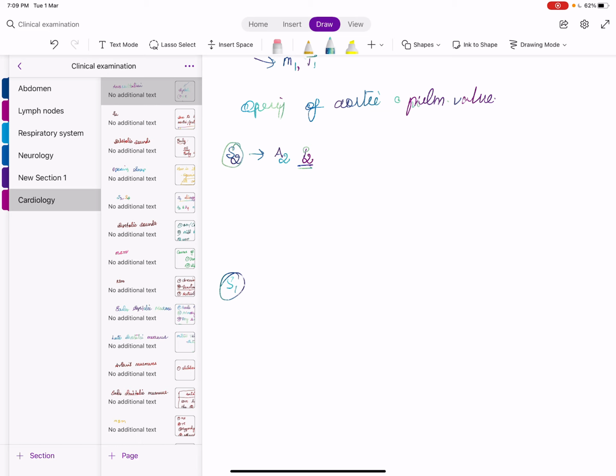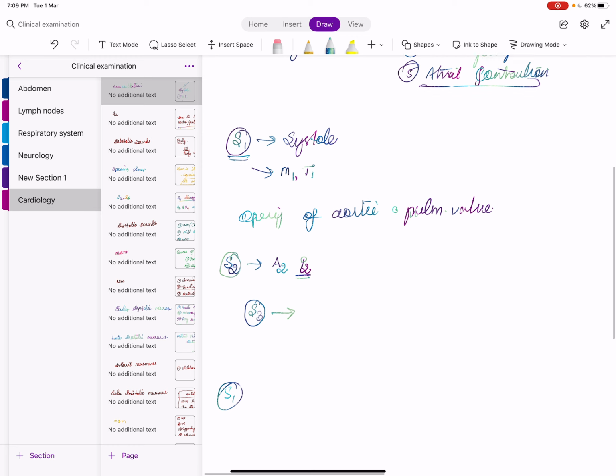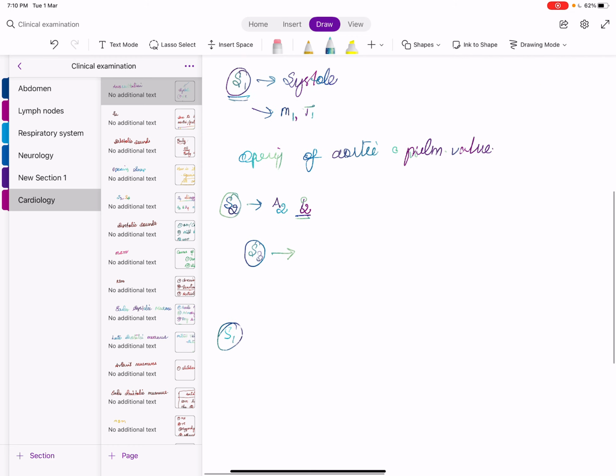Then again, the slow filling phase. The last 0.1 second of diastole is contributed by atrial contraction, or atrial systole, which is called the second rapid filling phase.